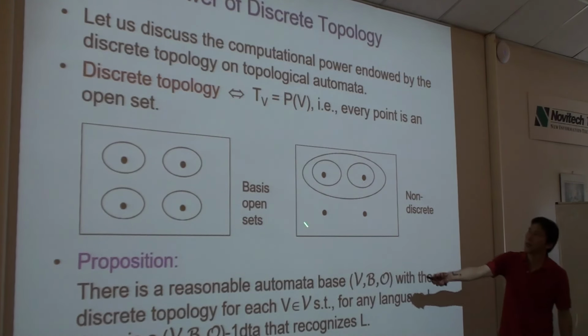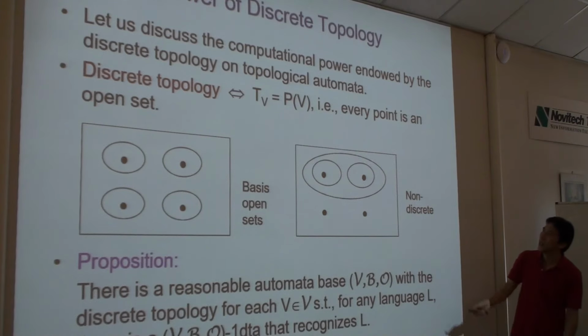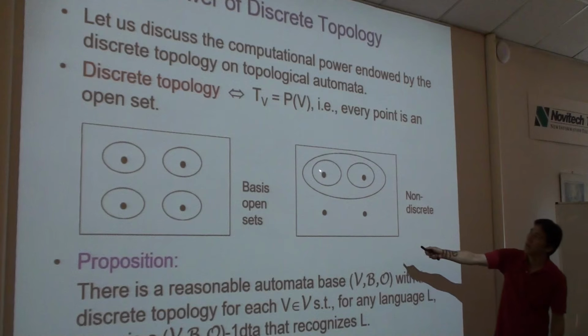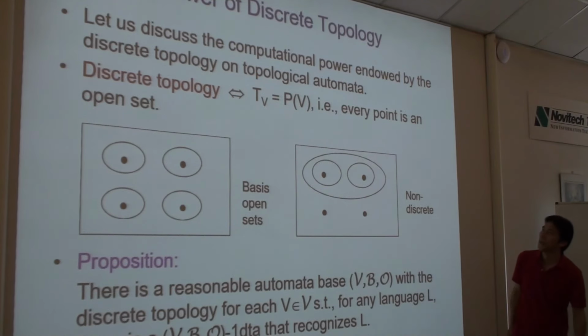But then if you have a topology like this one here, those circles refer to the open sets. So we have 1, 2, 3, 4 open sets, plus 1, because the empty set is also an open set. In that case, we can prove something like this. We can take a reasonable automata base with the following property.